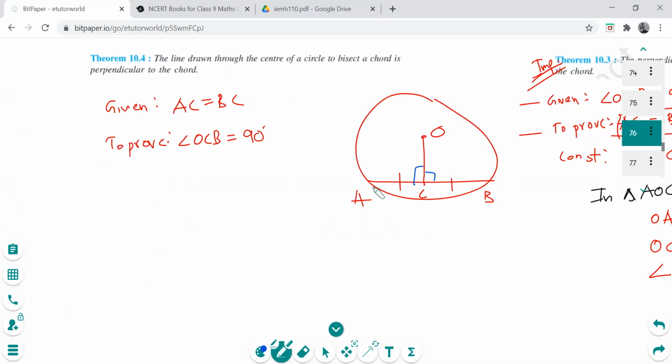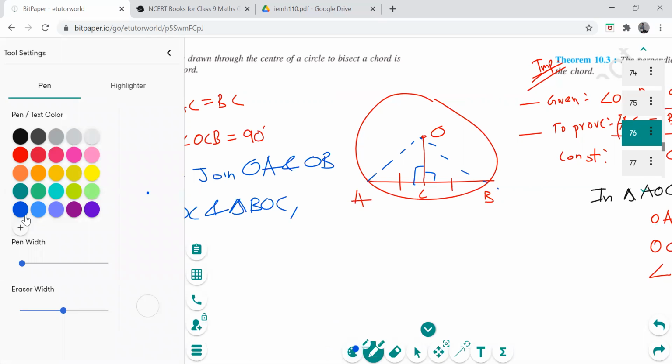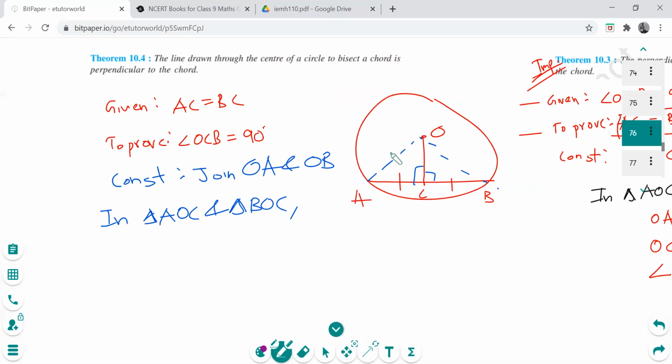So let's do that. Let's join these up. The construction again: join OA and OB. If we join these, in triangle AOC and triangle BOC I can observe a couple of things. Again, what can you observe? Tell me. Yes, OA is equal to OB, very good, because they are both radii of the same circle.